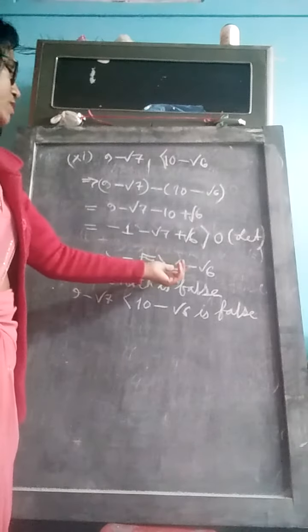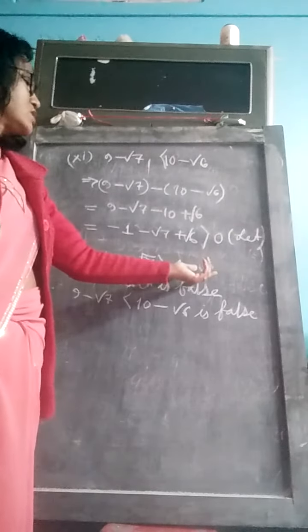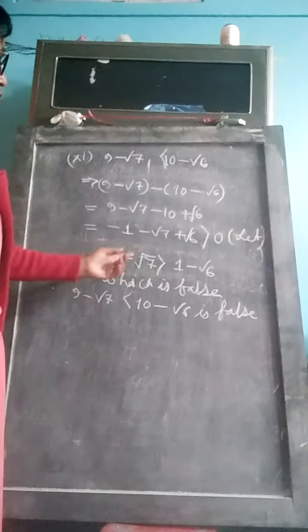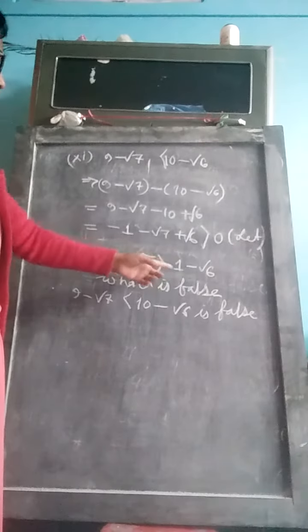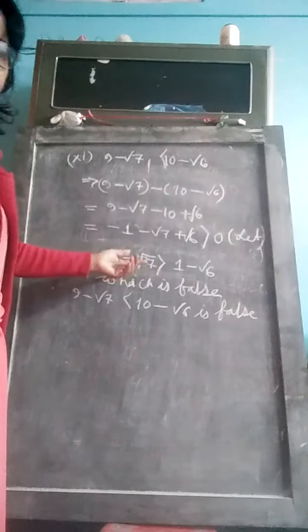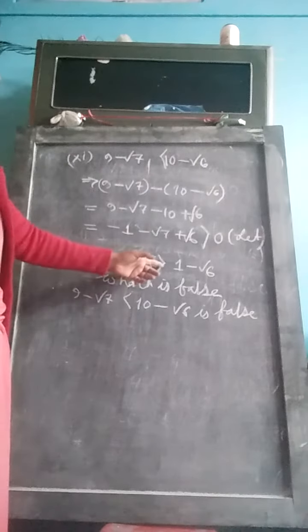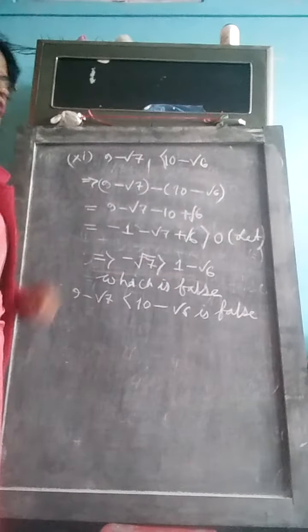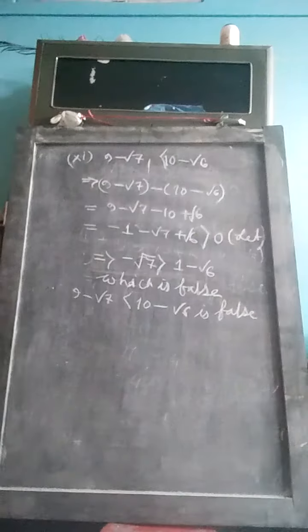When you subtract something from 1, then the result will also be negative. Then this must be smaller than the value of this. So this must be less than this side. So it is false. Okay. So our given statement is false.